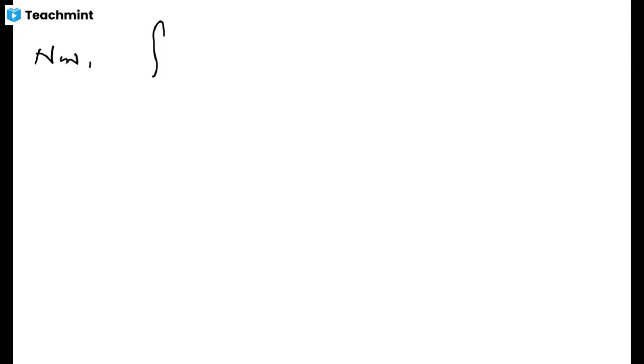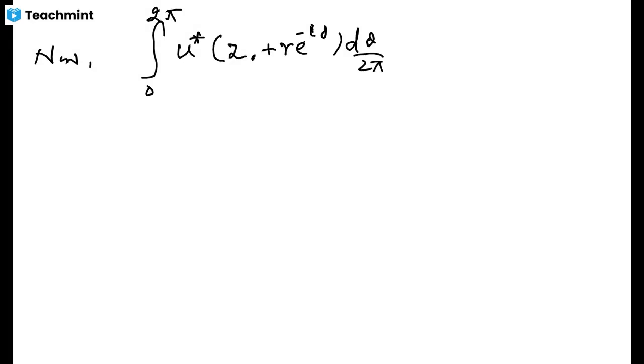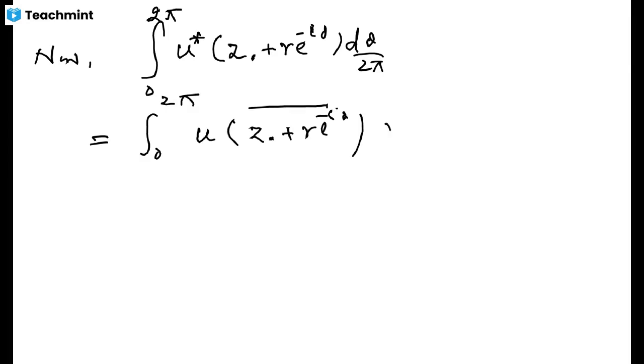So let's see what is the average value now. The average value of u star at these points on that circle, z naught plus r e^{-iθ}, is the integral from 0 to 2π of u star of z naught plus r e^{-iθ}, dθ over 2π. By definition of u star, it has to be u of the conjugate of z naught plus r e^{-iθ}, dθ over 2π.